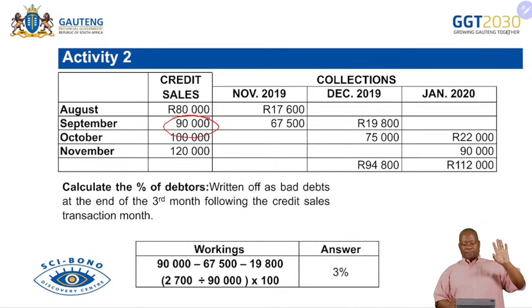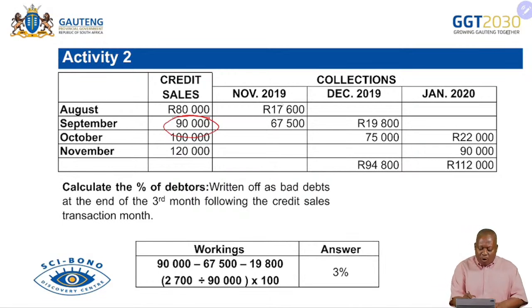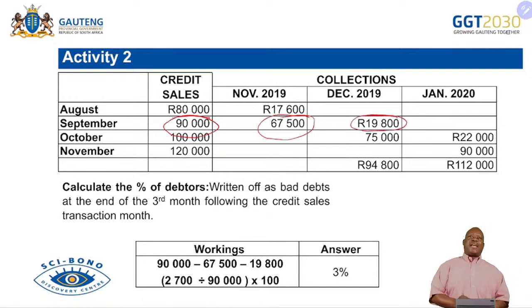Can you see that? And then in November, we are going to receive 67,500. And in December, we are going to receive 19,800.